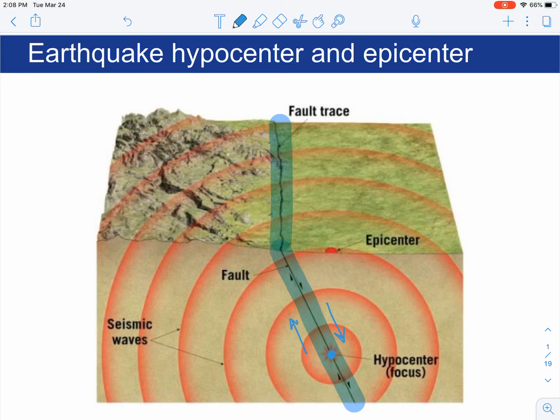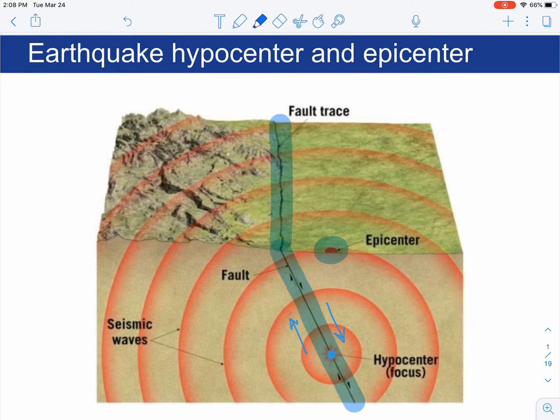So if you look above the fault, there's another term up here, and you can see right there, we have what's called the epicenter. So a lot of earthquakes happen with depth along plate boundaries, and because of that, it's difficult to assess what's happening tens or hundreds of kilometers below the earth.